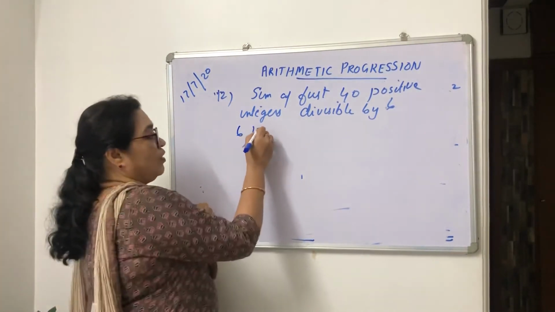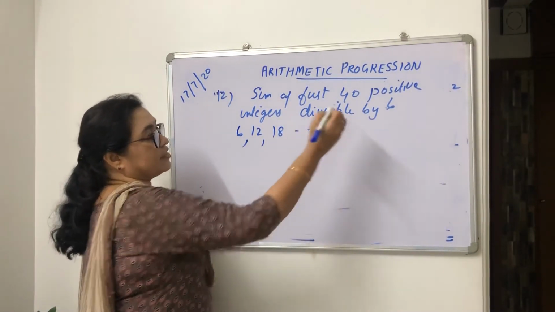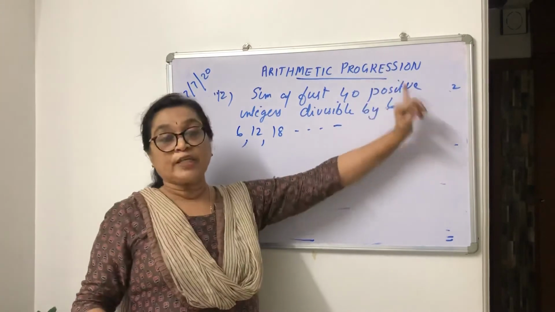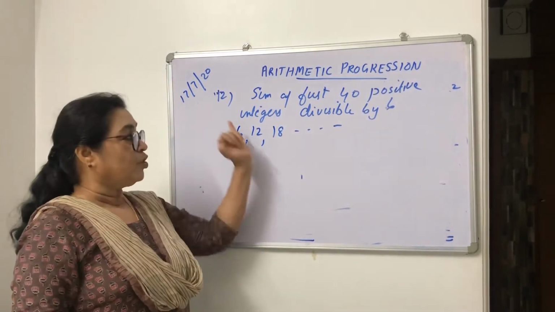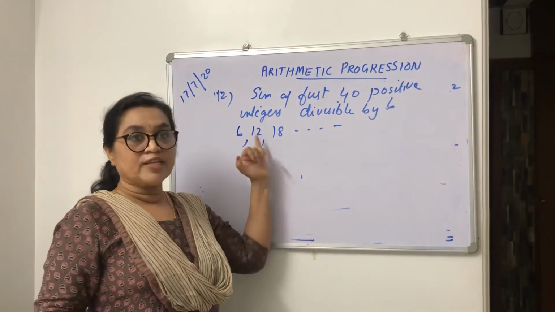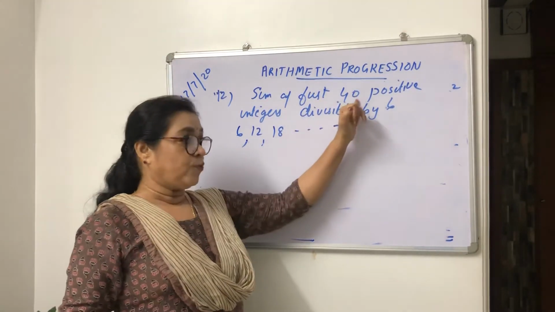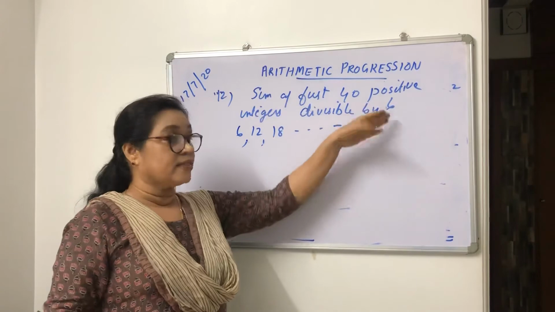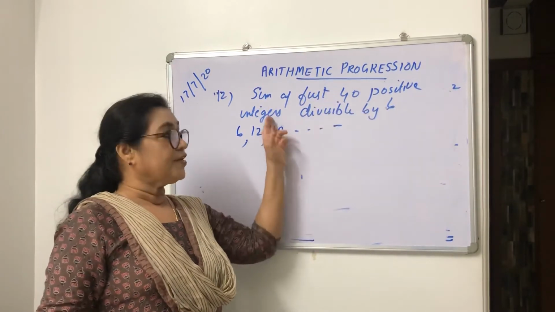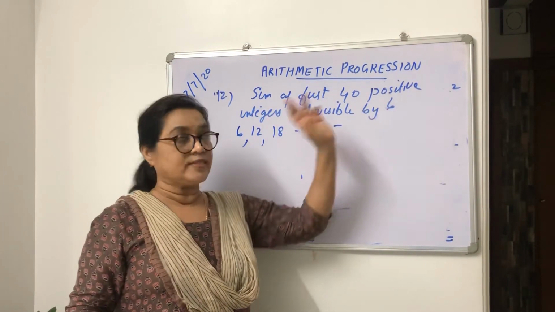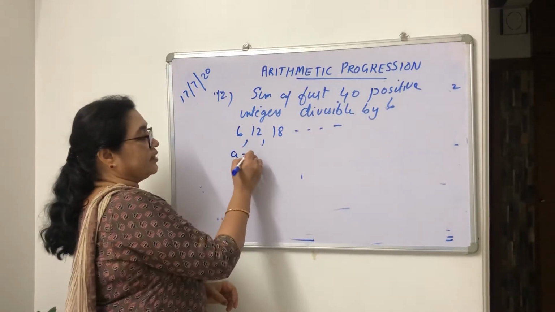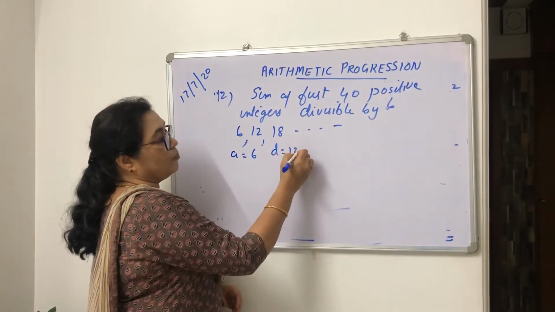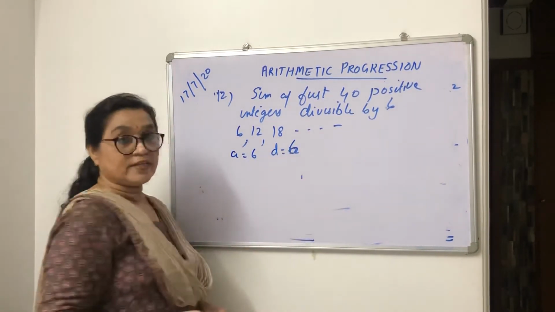Second one is 12, then 18, and so on. So you need to take 40 positive integers. That means this AP 6, 12, 18, the 40th number you have to find out. That is the last positive integer which is divisible by 6. So here A is 6, D is also 6, since it is a multiple of 6.